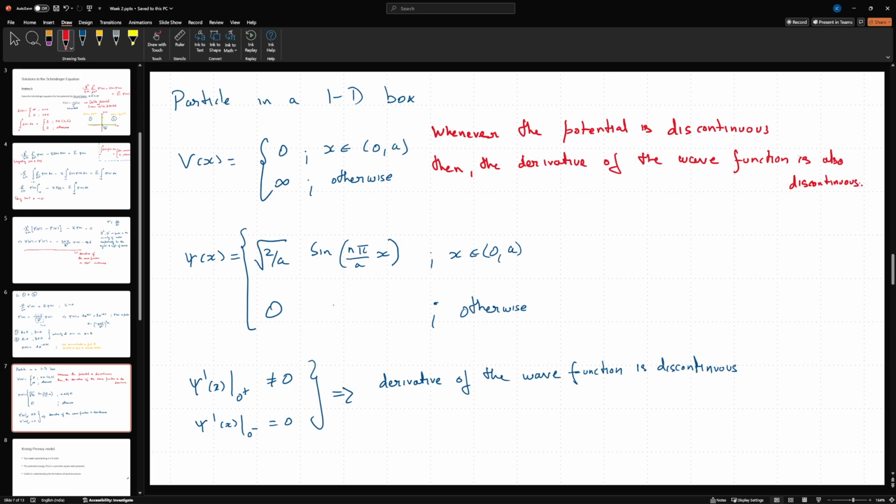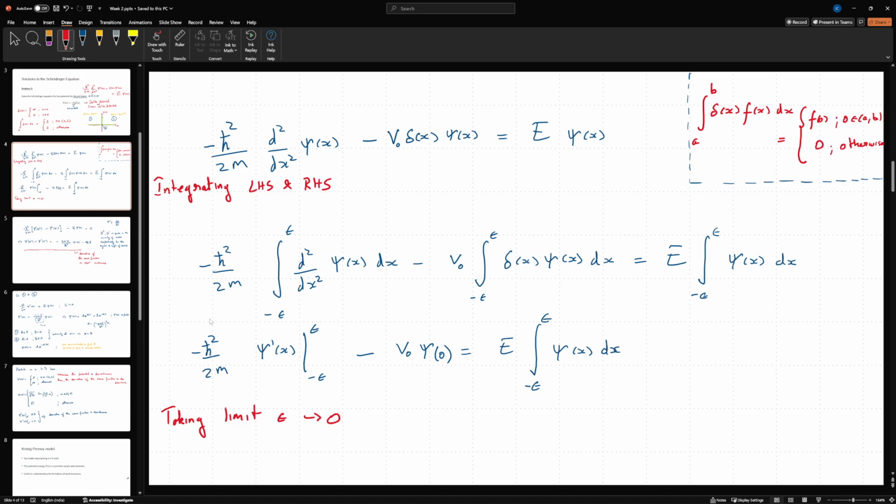So this is the last takeaway point that I wanted to discuss from week 1. Please remember this. Do not always assume that the derivative of the wave function will be continuous. It will be so if and only if the potential itself is continuous. The proof for that is very similar to what we did here. Just integrate on both sides. If it were a continuous function, this integral would also have vanished.